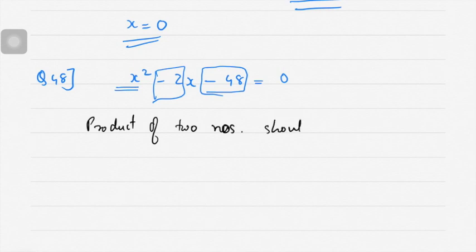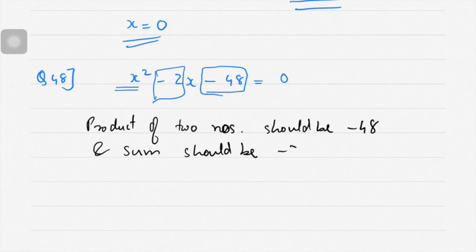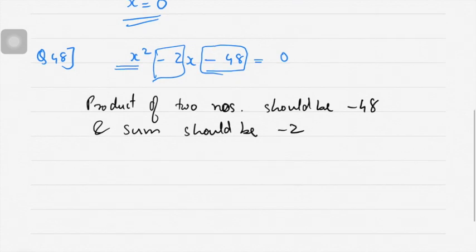I'll write it for you. Product of two numbers should be minus 48 and sum should be minus 2.